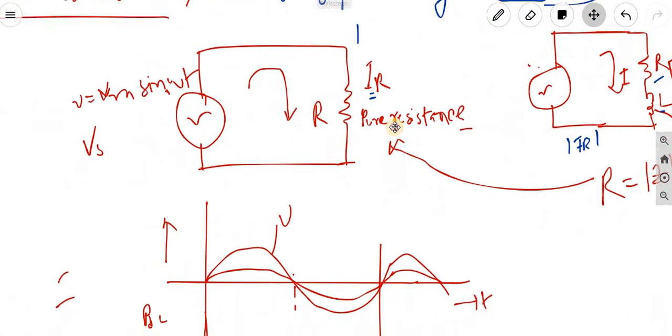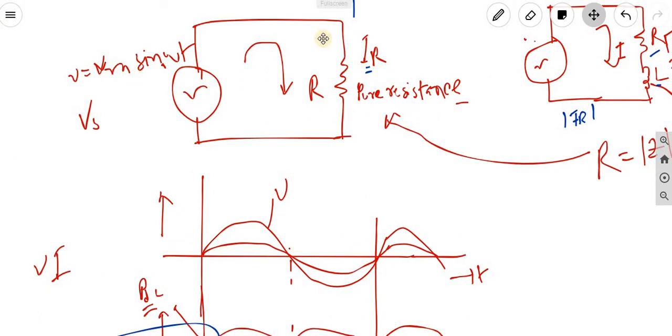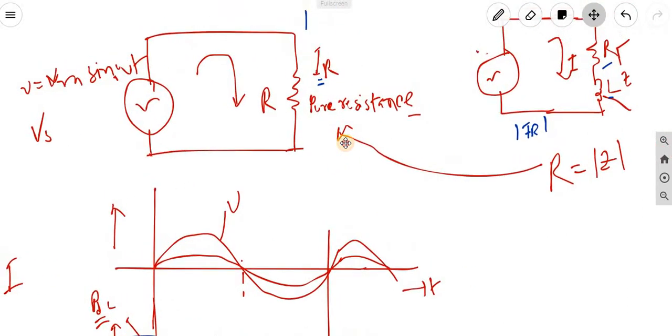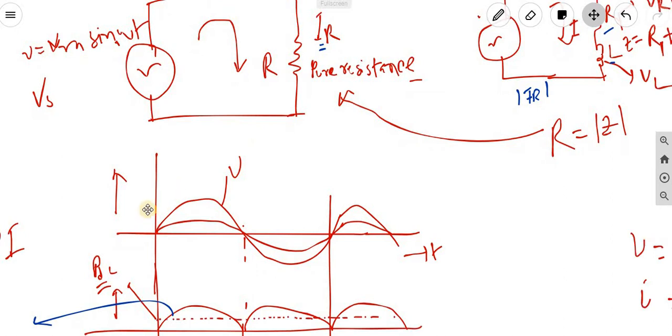Now if we present IR and Vs as a phasor diagram, how much power will be delivered?